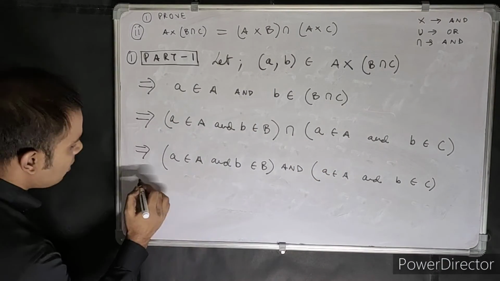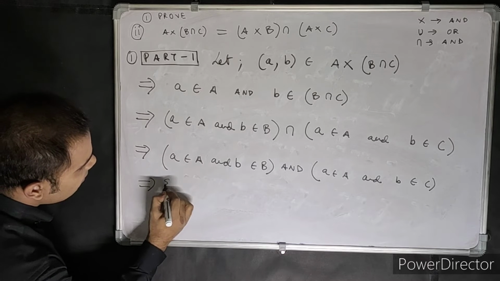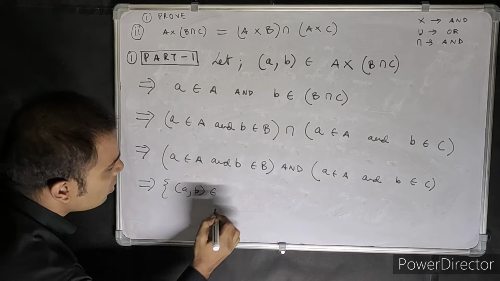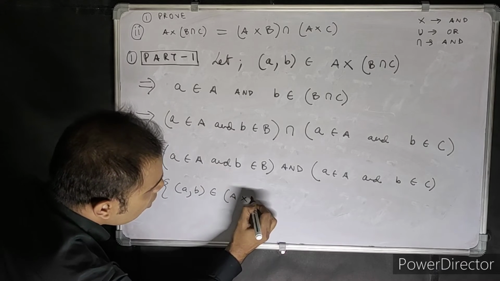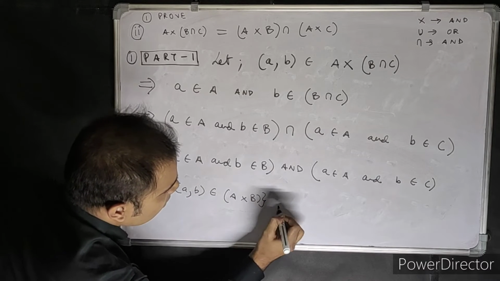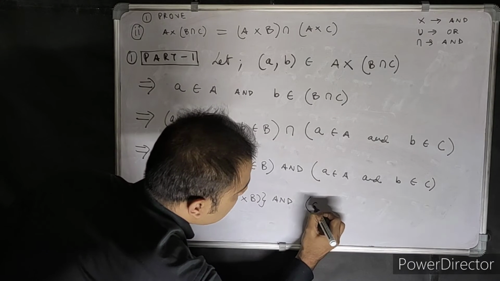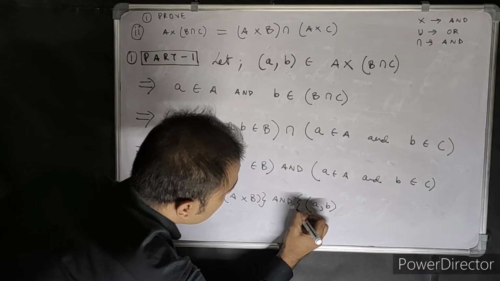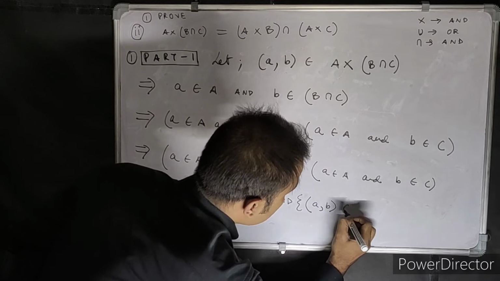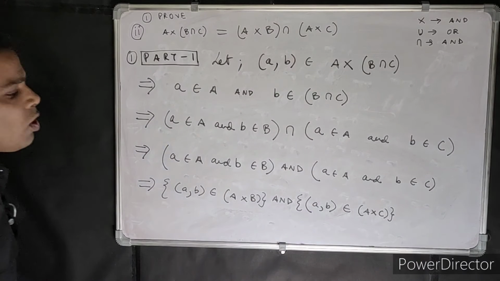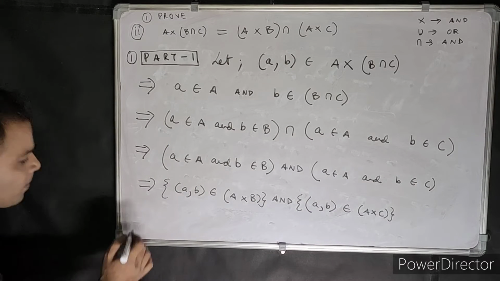Now you can put it back in the cross. You write A comma B belongs to A cross B, and this A comma B, put it in curly brackets, belongs to A cross C. There you go. Your work is almost done.